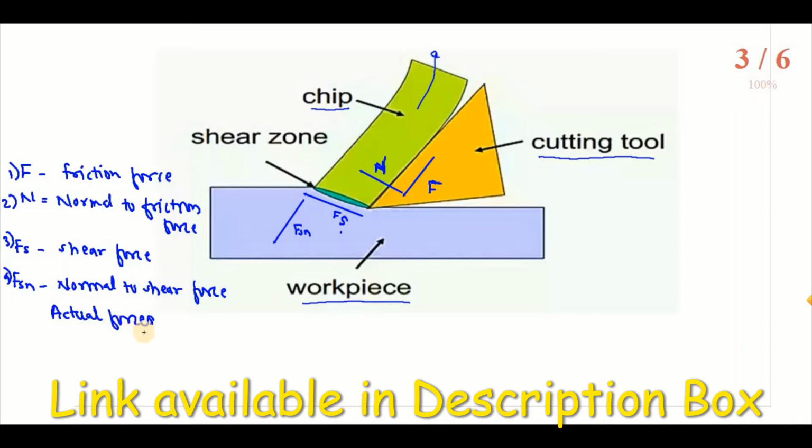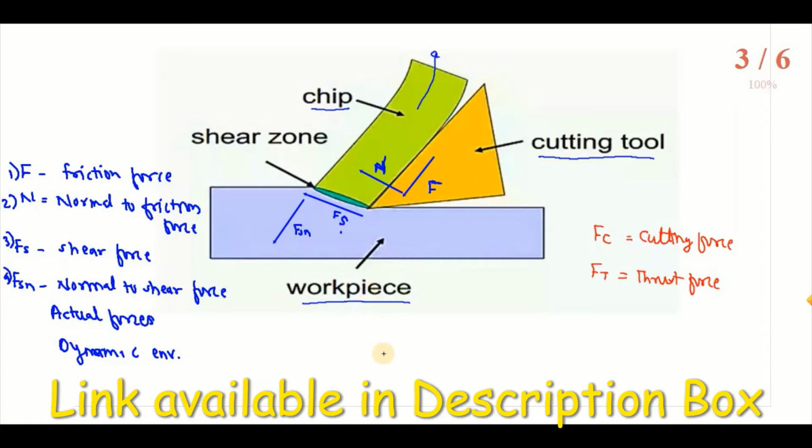Whenever we are doing the machining operation, as these forces act in a dynamic environment, they can't be measured. So we have two forces which we can measure, that is Fc and Ft. Fc is the cutting force and Ft is the thrust force.